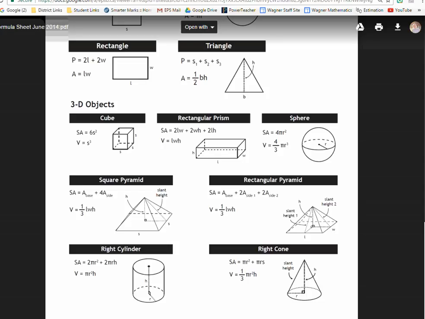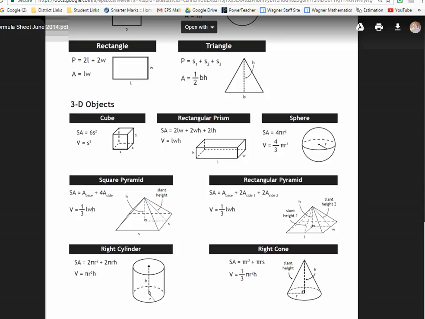Because there are cases where you have a cone setting on the ground, and you don't need the bottom. Or maybe you have an ice cream cone, literally, that you're finding the volume of. So you have a hemisphere on top of a cone. You wouldn't need the circle part, because we want the exposed area. Okay? So you need to know what everything stands for in your formulas.